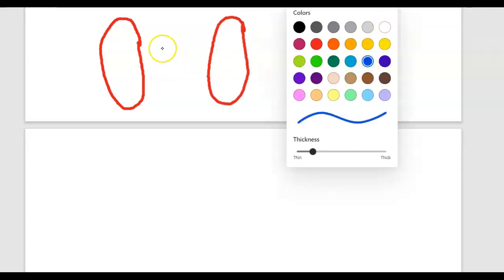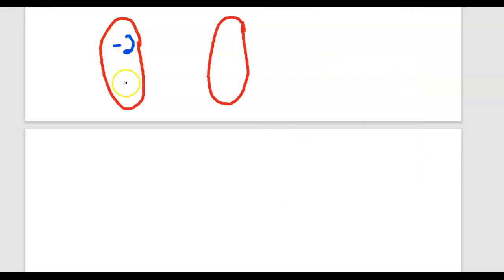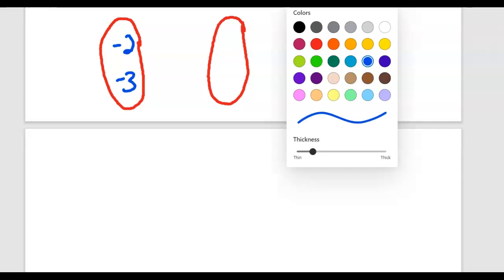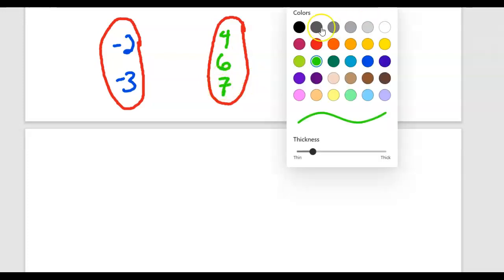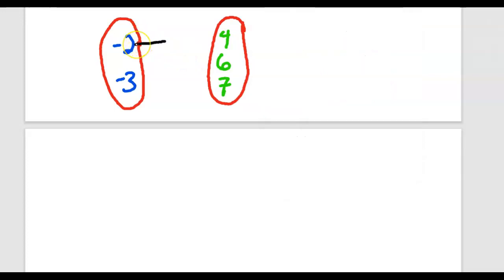We have x values of -2, -3, and we have y values of 4, 6, and 7. And I'm going to draw lines. So this -2 is going to go to the 4, and the -2 is going to go to the 7. The -3 is going to go to the 6. And I want to determine if this is a function or not.